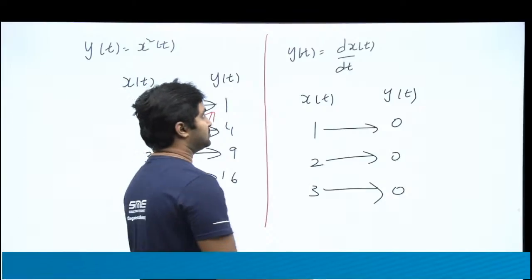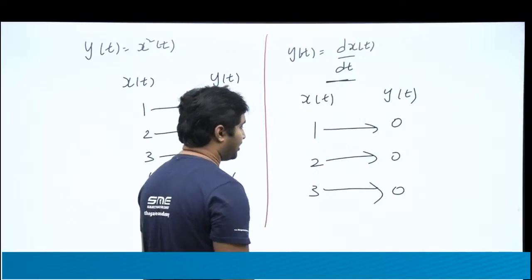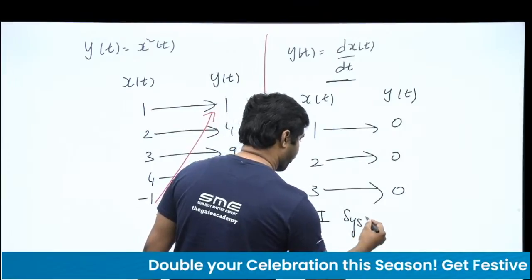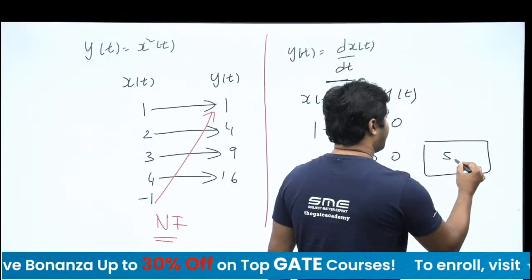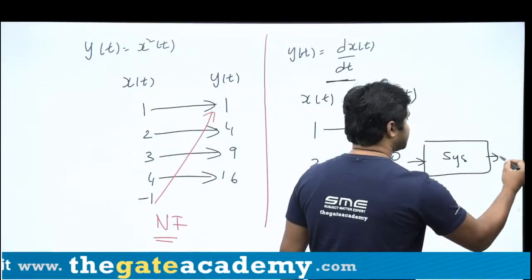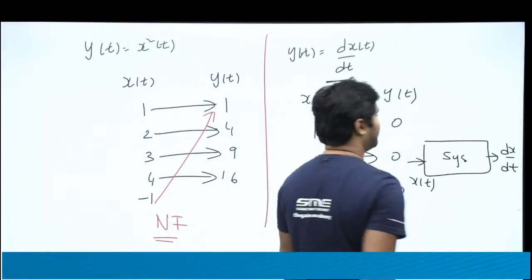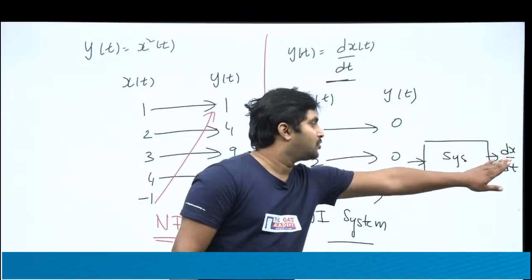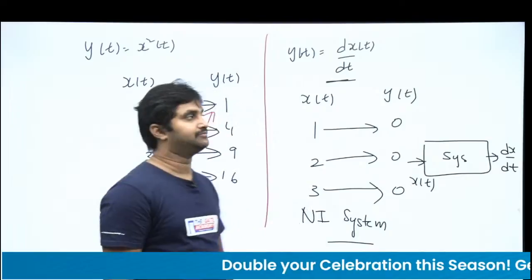So this is the problem, my dear students. Whenever you have a derivative, it's a non-invertible system. If you have such a system where the input is x of t and the output is its derivative, such a system is non-invertible, because from this you can never get back your x of t.